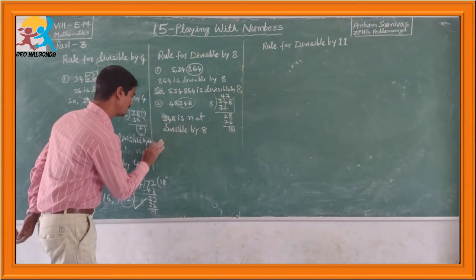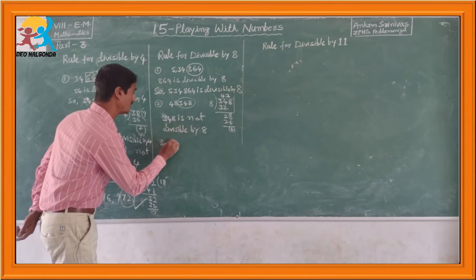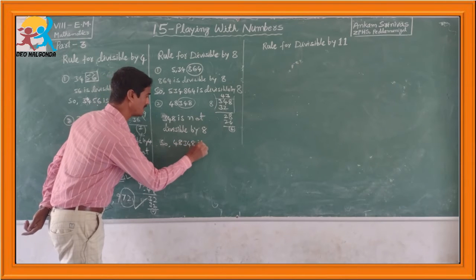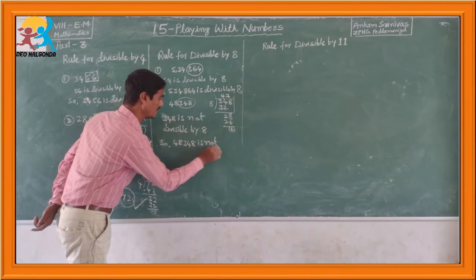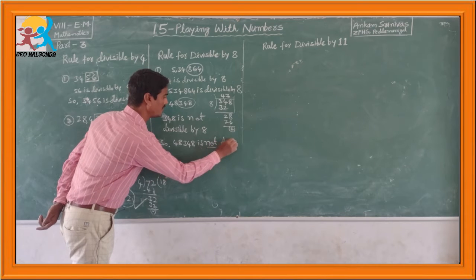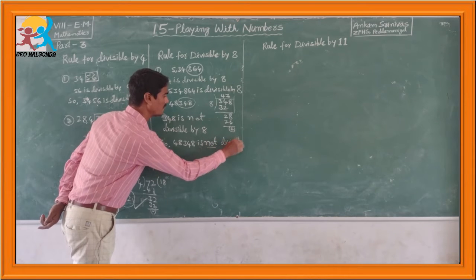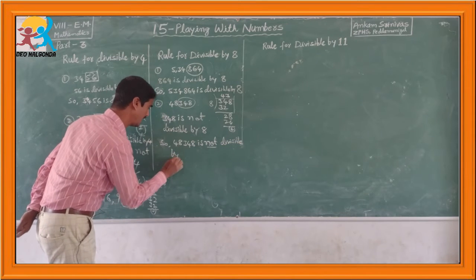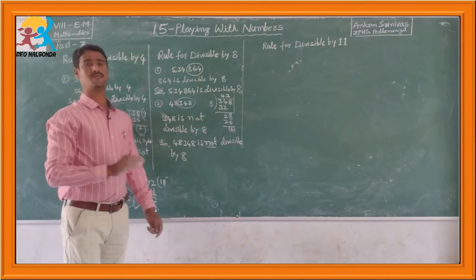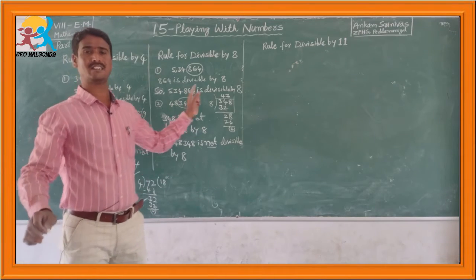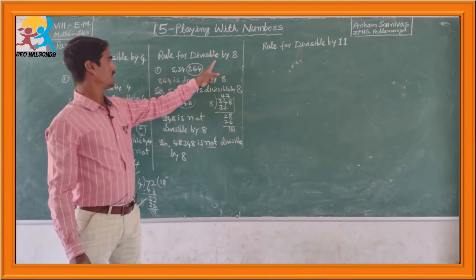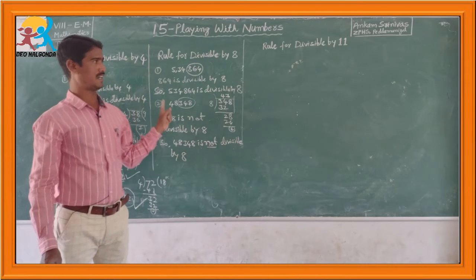So 48,348 is not divisible by 8. So, my dear children, using these conditions, you can find whether a number is divisible by 8 or not.